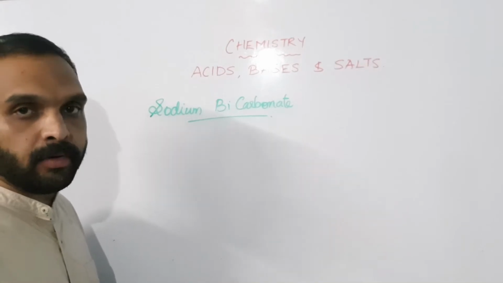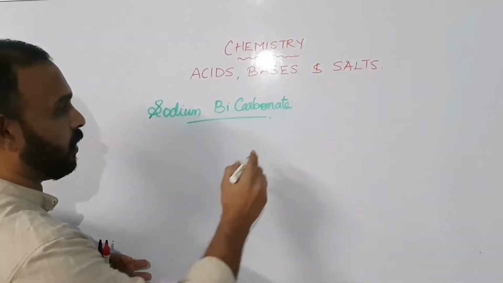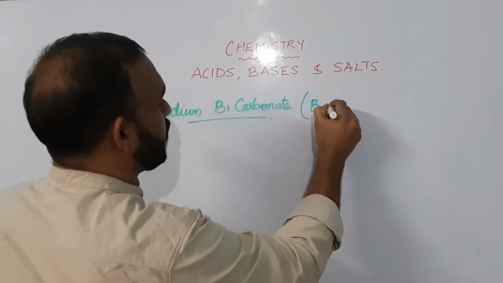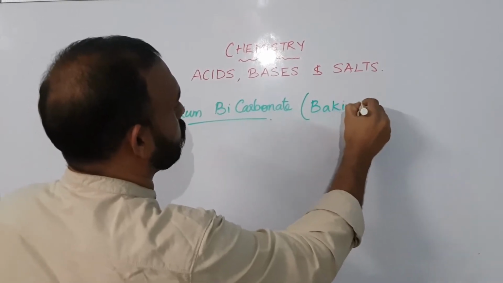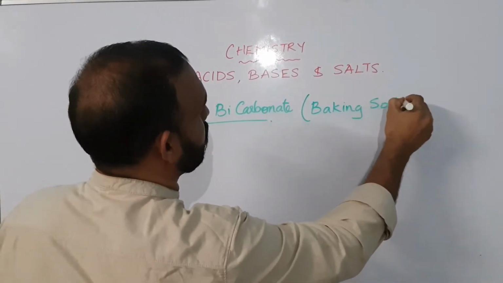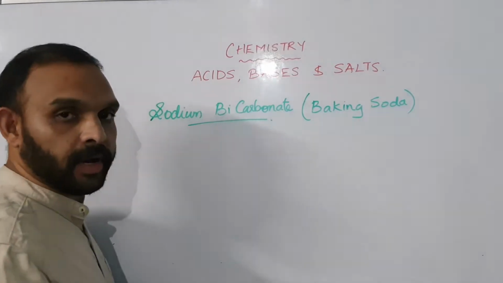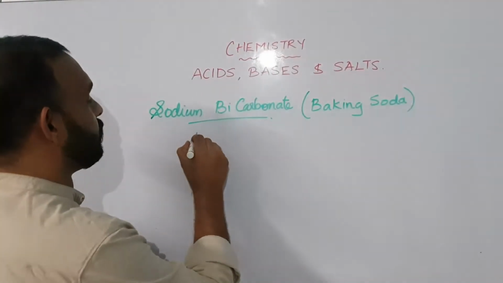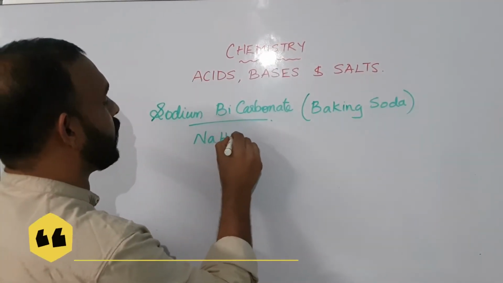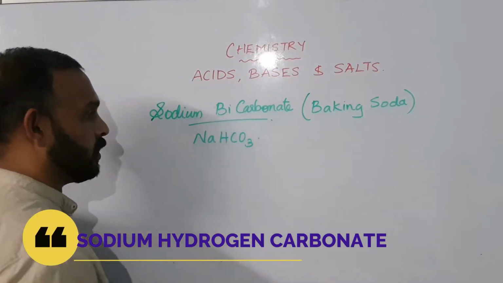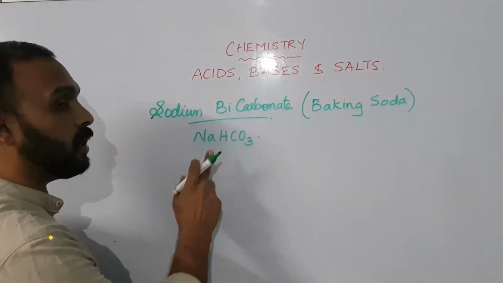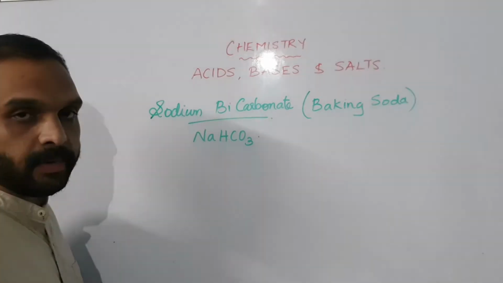All of you may know the name baking soda. This sodium bicarbonate is also known as sodium hydrogen carbonate because its chemical formula is NaHCO3.